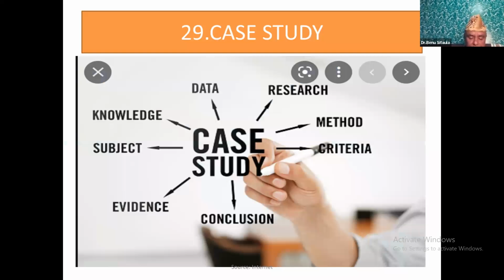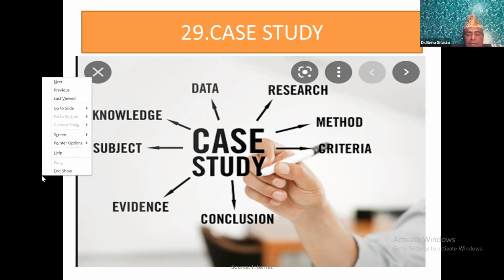Now we are coming to the case study, another type of data collection, and it is a very important type of data collection also. A case study is an in-depth study of one person, group, event, or situation. In a case study, nearly every aspect of the subject's life and history is analyzed to seek patterns and causes of behavior.